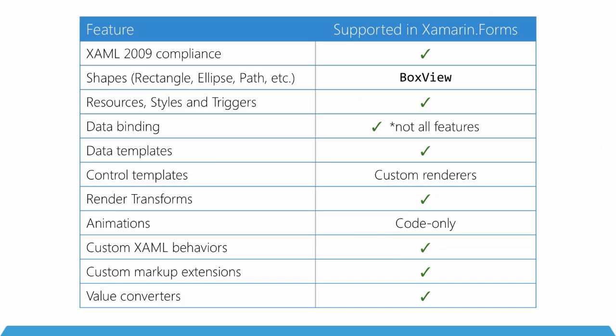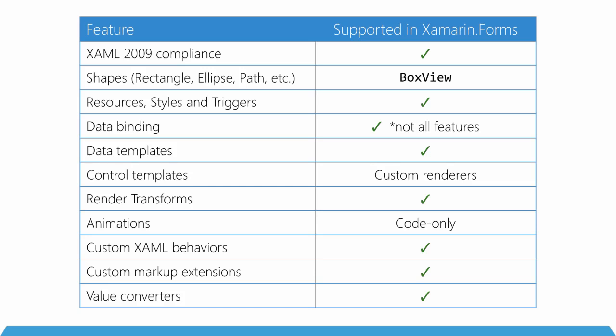Here's a list of some of the features in Microsoft XAML platforms as compared to the features in Xamarin.Forms. You can see both will support the XAML 2009 specification. Xamarin.Forms only supports the box view, which is a subset of the rectangle shape, and we can create custom renderers to fill in that gap, however, on the Xamarin.Forms platform.